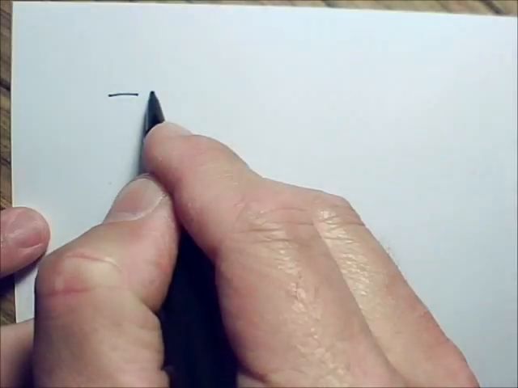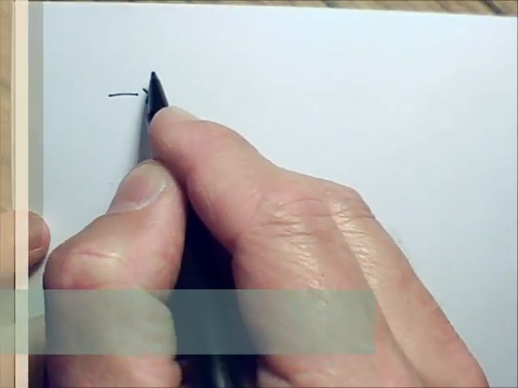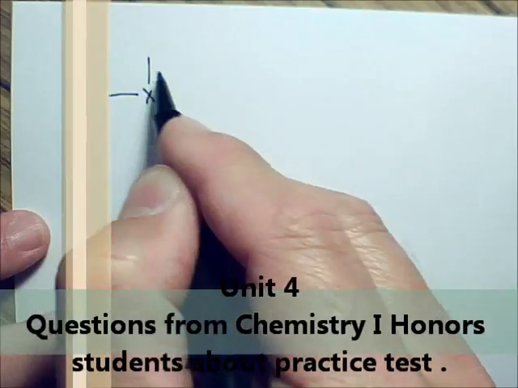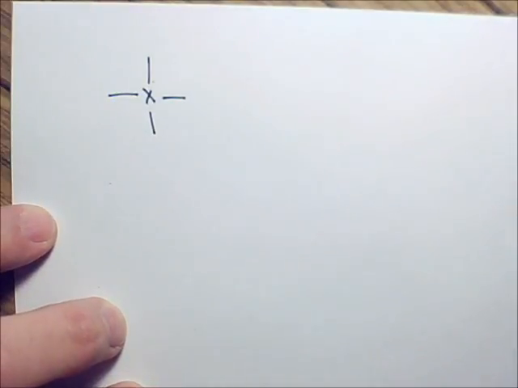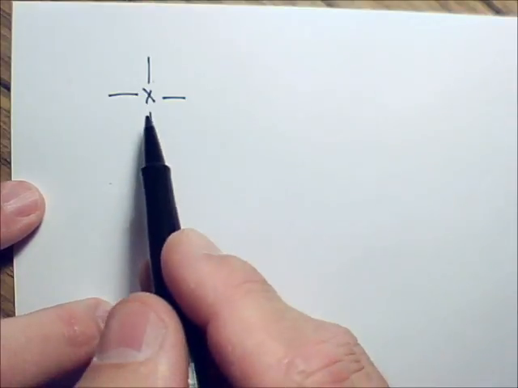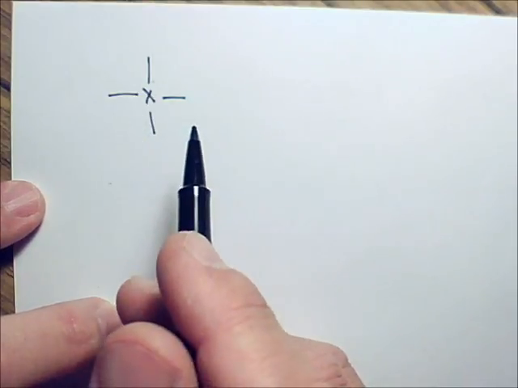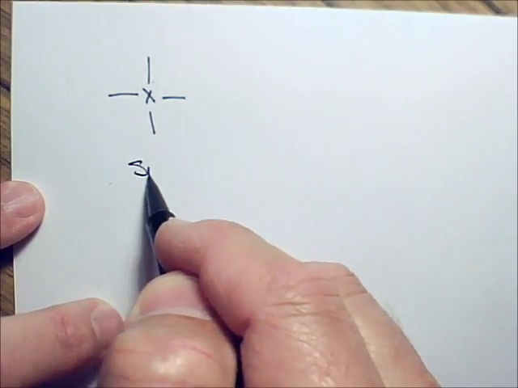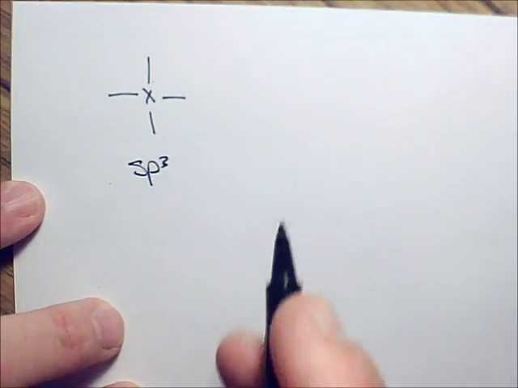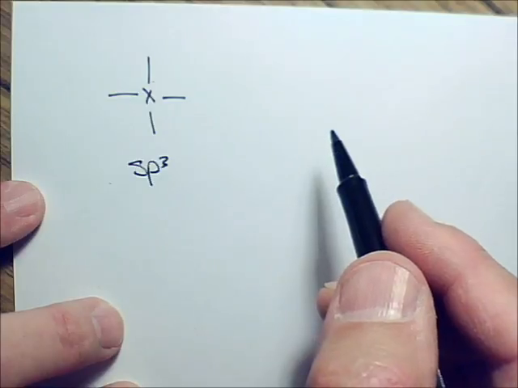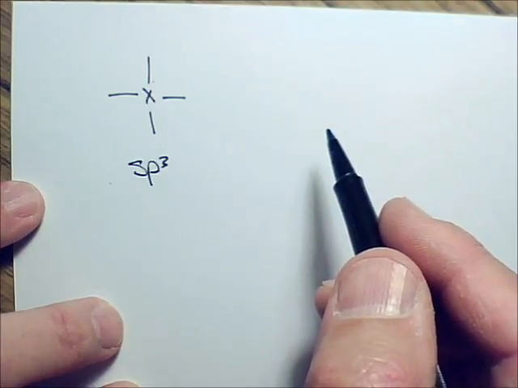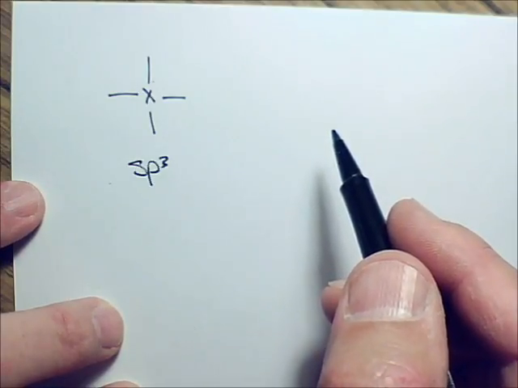If you have a molecule, I'm going to call it X, that has nothing but single bonds on it, all single bonds come from hybridized orbitals that make sigma bonds, and you have to have 4 hybridized orbitals, so you must have an sp3. Okay? So the sigma bonds and the lone pairs are always hybridized orbitals.